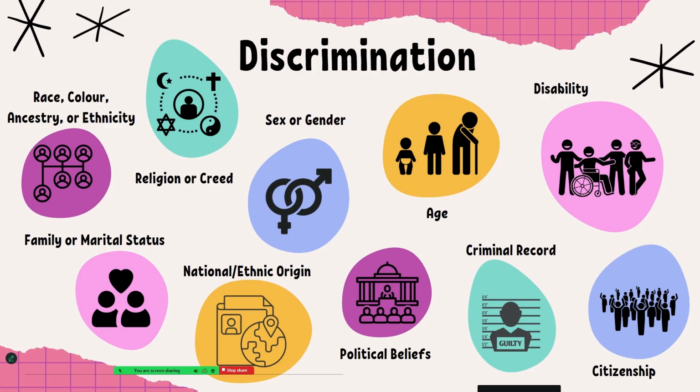So we have the Declaration of Human Rights, which is a guideline, supported by the Ontario Human Rights Code, which upholds workplace discrimination protections in Canada. The protected grounds typically include race, color, ancestry, ethnicity, religion or creed, sex or gender, age, disability, family or marital status, national ethnic origin, political beliefs, criminal record, and citizenship.